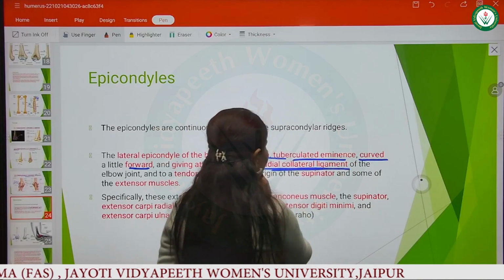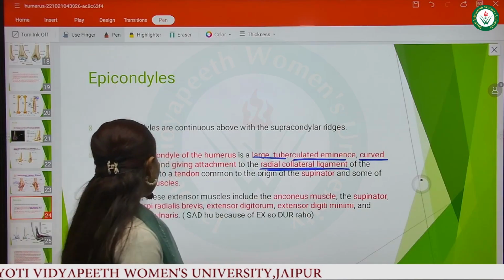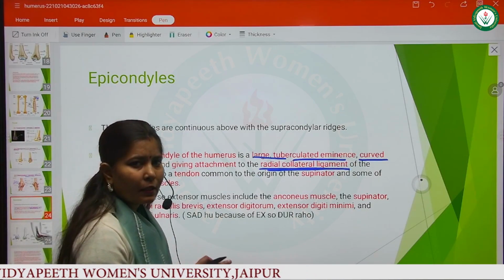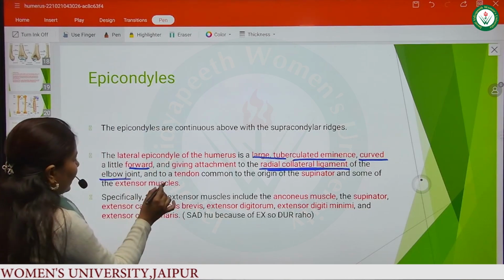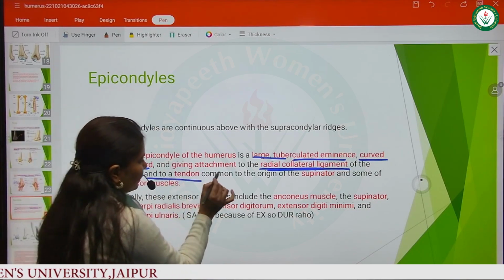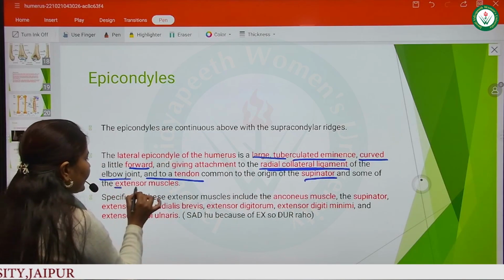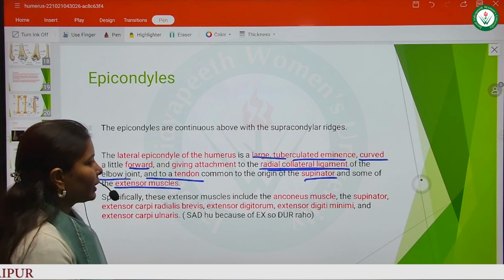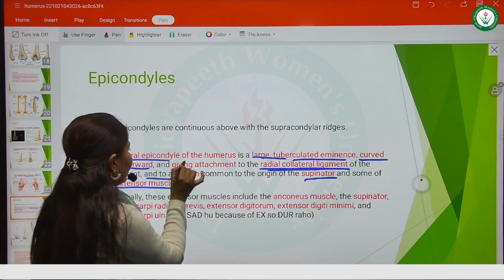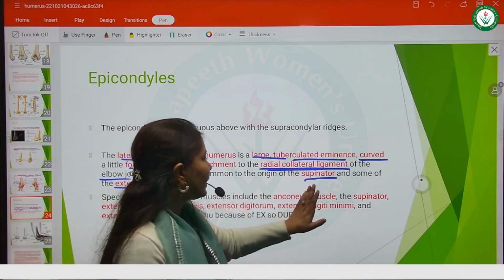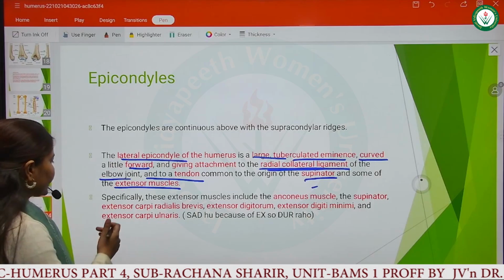The ligament comes from the radius bone and gets attached to the lateral epicondyle, because the radius is the lateral bone of the forearm in the elbow joint. It also gives attachment to a tendon common to the origin of the supinator and some of the extensor muscles. So there are three attachments on the lateral epicondyle: the radial collateral ligament, the supinator muscle, and some of the extensor muscles.